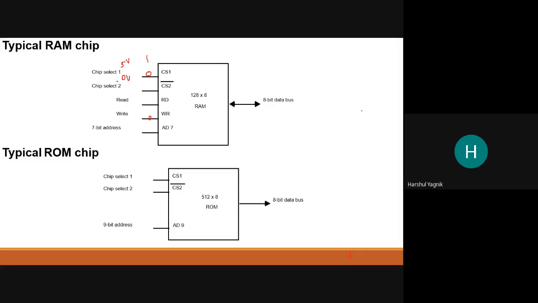On the other hand, for the active low CS2 pin, 0 volt would mean logic 1 and 5 volt would mean logic 0. When an active low pin gets 0 volt, it considers it active, and when an active high pin gets 5 volt, it considers it active. Is this clear now?